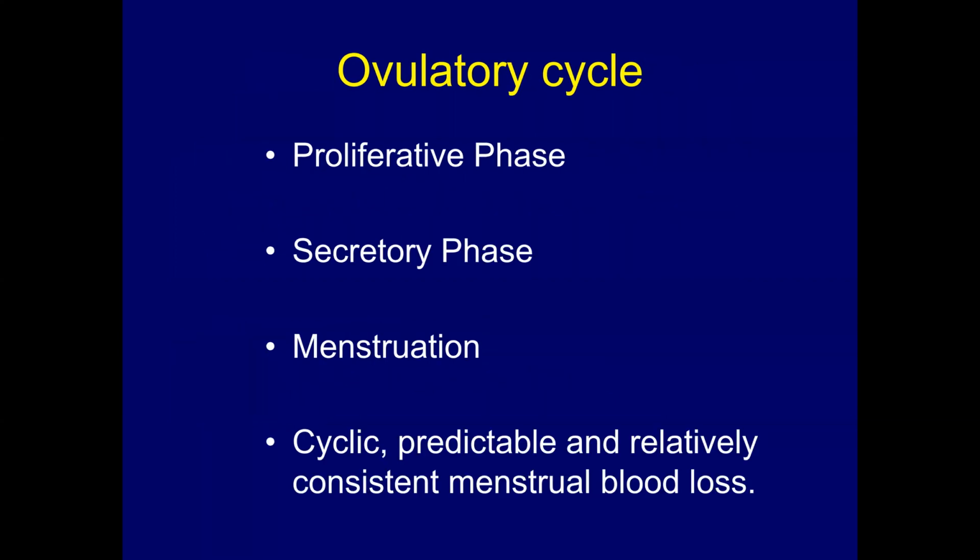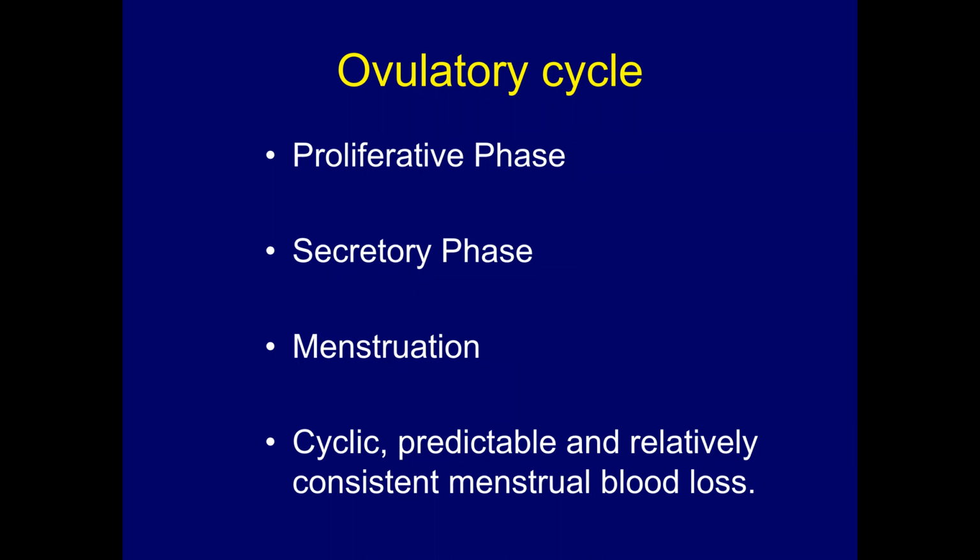Now, what's the regular ovulatory cycle? Remember, we have the proliferative phase, where you have a build-up of the endometrium, we have the secretory phase, and then the menstrual phase. And that's the regular cycle. So the hormones secreted from the ovaries go to the endometrium.